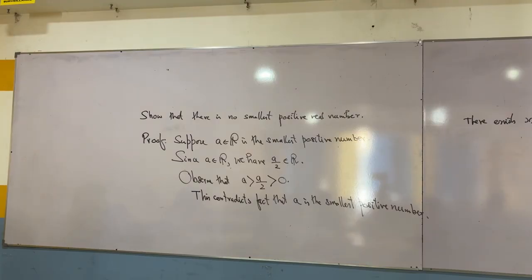We are going to prove the largest real number is positive. 0 is a real number. We assume that A is the largest real number. So A must be larger than 0. Very good. That's the proof.